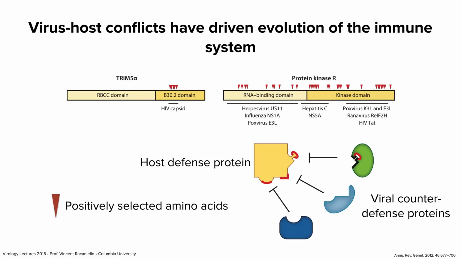And by testing individual viruses against this protein, we see that the RNA binding domain has been in conflict with herpes US11, a specific herpes protein, a specific flu protein, a specific pox virus protein, and the other positively selected amino acids in the kinase domain have been selected by a variety of other viral proteins as well.